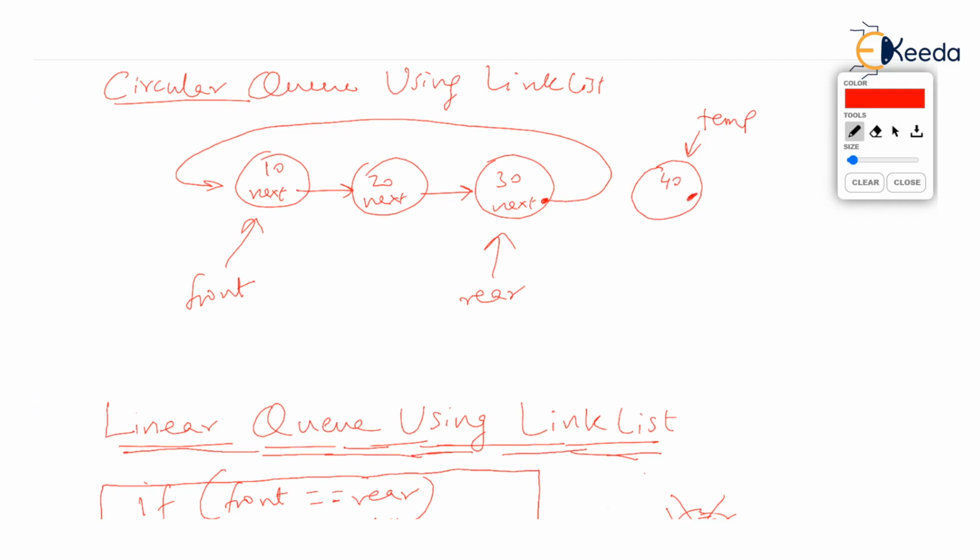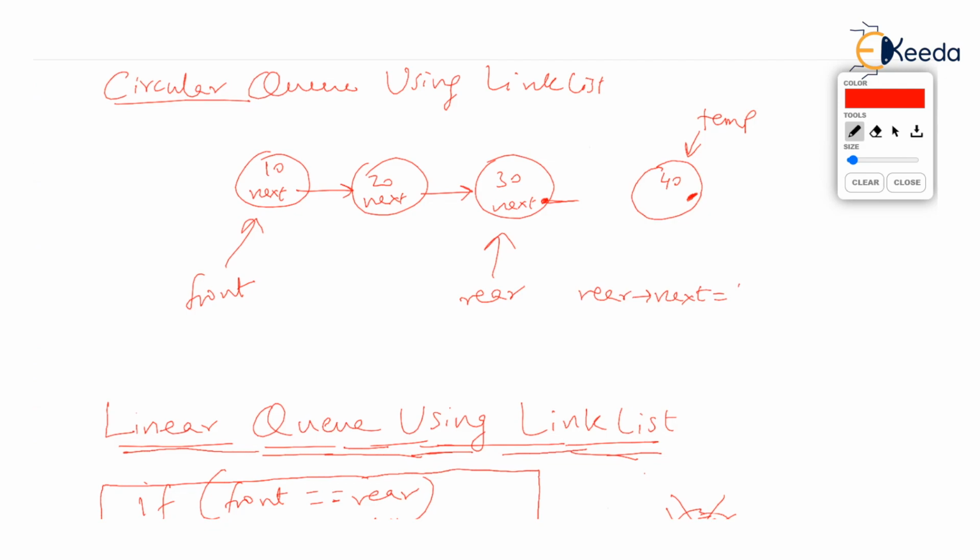So what we do is we ask next of 30 to point to the latest node. Next of 30 should not point where it is pointing, but where temp is pointing, because temp is pointing to 40. That is done by writing the statement rear arrow next equals temp.